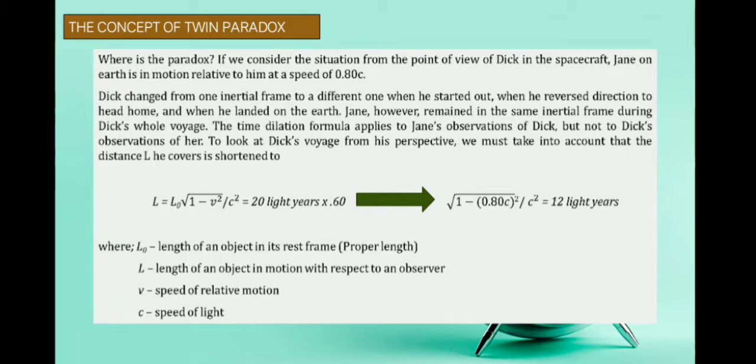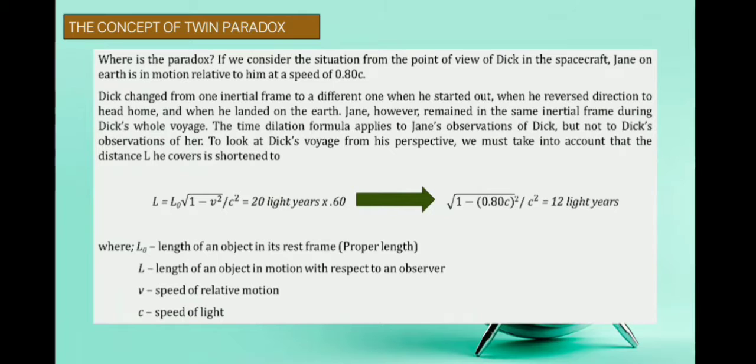To look at Dick's voyage from his perspective, we must take into account that the distance L he covers is shortened. Suppose the length of Dick's voyage is actually 20 light years.